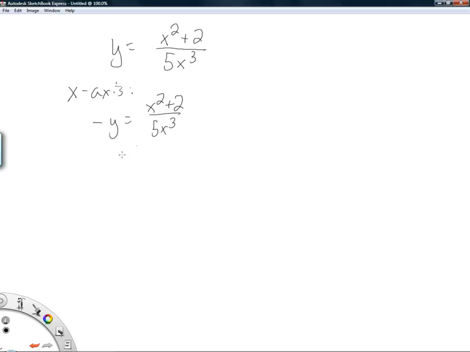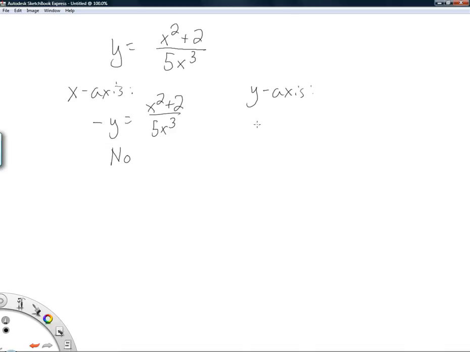Let's try another one. This time, let's write out y equals (x squared plus 2) over 5x cubed. Let's test for x-axis symmetry. Plugging in the opposite of y, one can quickly see that we do not have the original. So this is immediately no. What about y-axis symmetry?